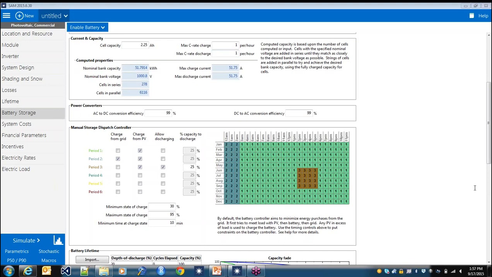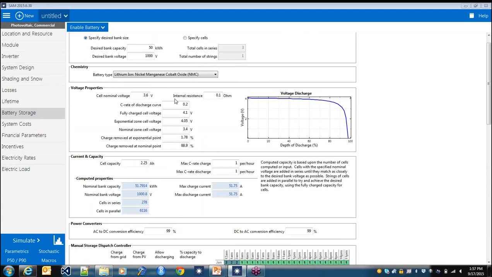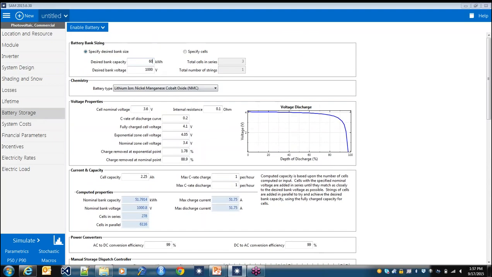Yes, you're correct. The way to do that is through the C rate. If we do a 60 kilowatt hour battery and we want basically 30 kilowatts, that's going to be a 2-hour battery, which is 0.5 C rate.